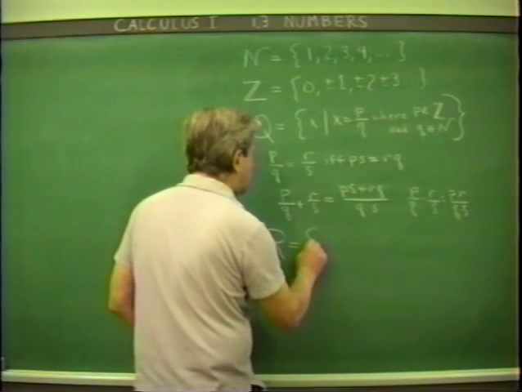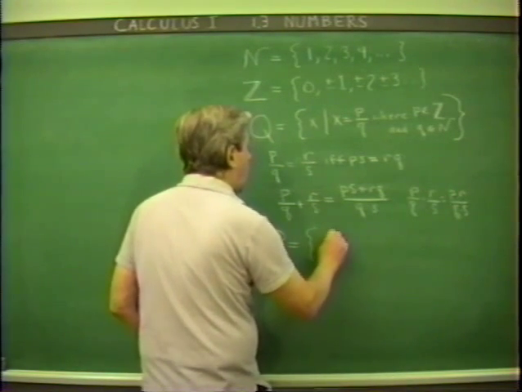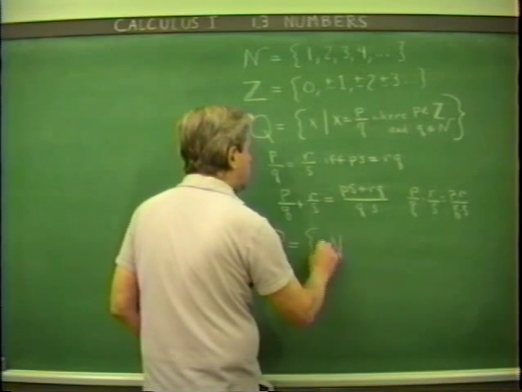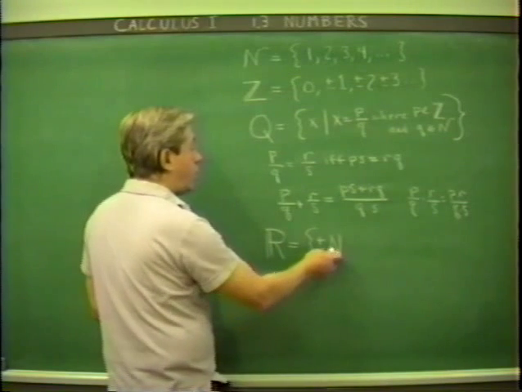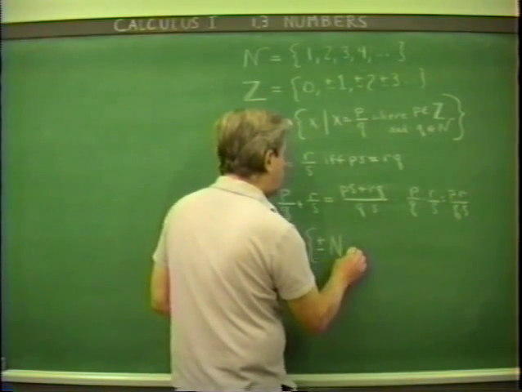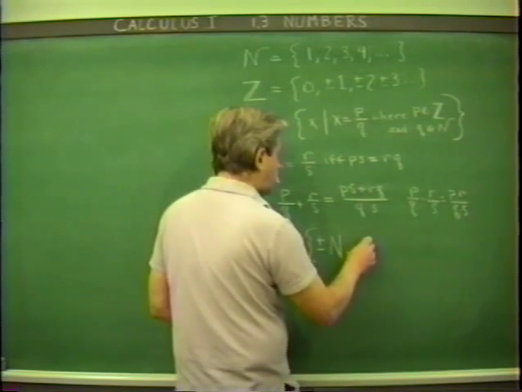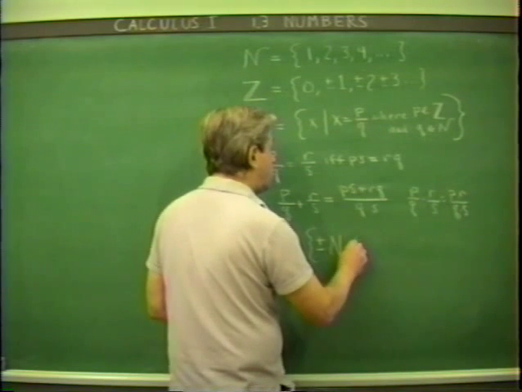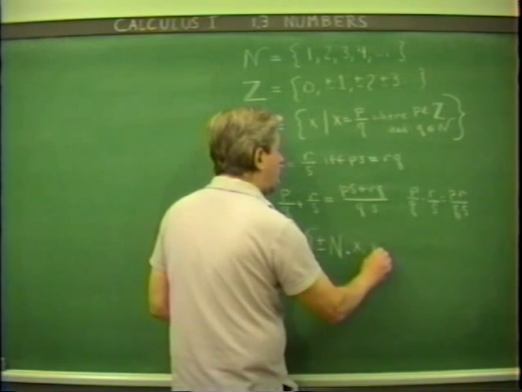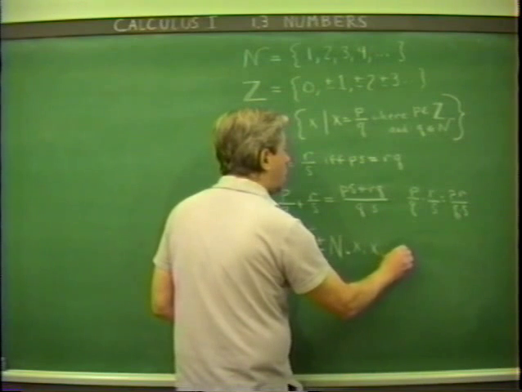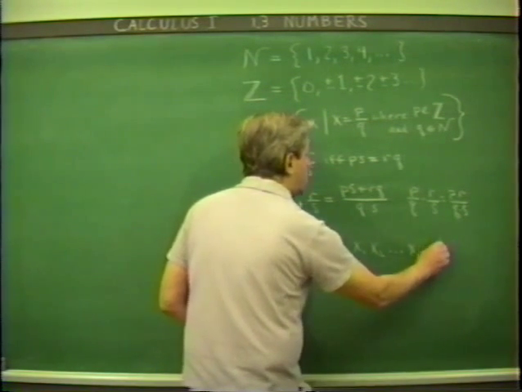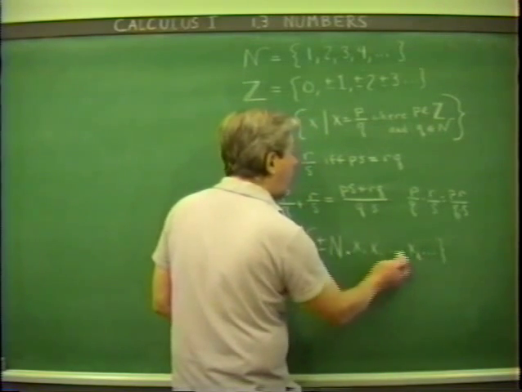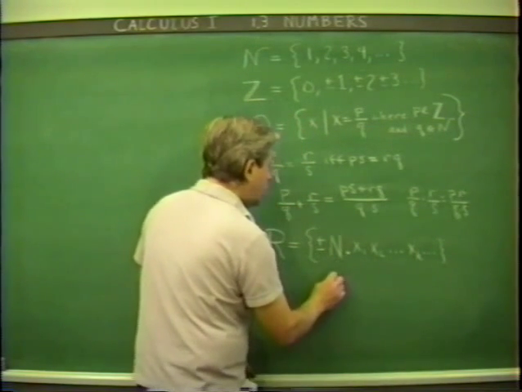These are all numbers of the form a whole number, that's to say a natural number, with plus or minus, or possibly 0, followed by a decimal point. And then in the decimal system, x1, x2, up to xk and so on, continuing, that's to say they're all non-ending decimals.